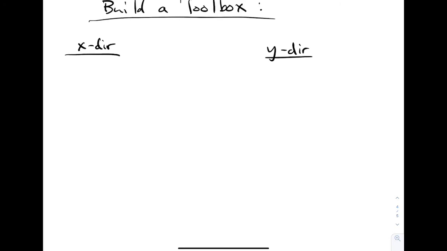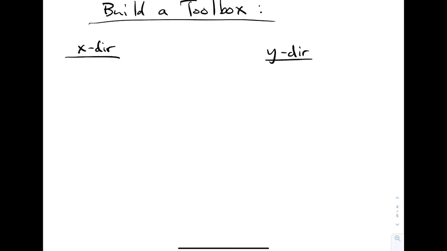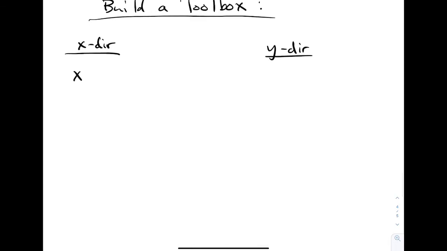And so now would be the time to look back in your notes if you forgot, but we will write the displacement equation and the velocity equation for each of these directions. So instead of writing s for the displacement equation, I'm going to write x. It was 1/2 a_x t squared plus v sub o x t plus x sub o. And we'll write the exact same thing for the y direction.